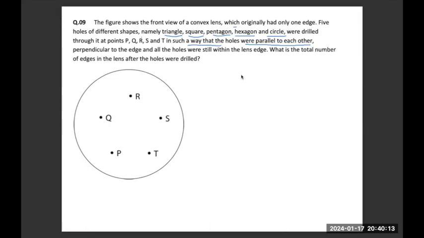What is the total number of edges in the lens after the holes were drilled?